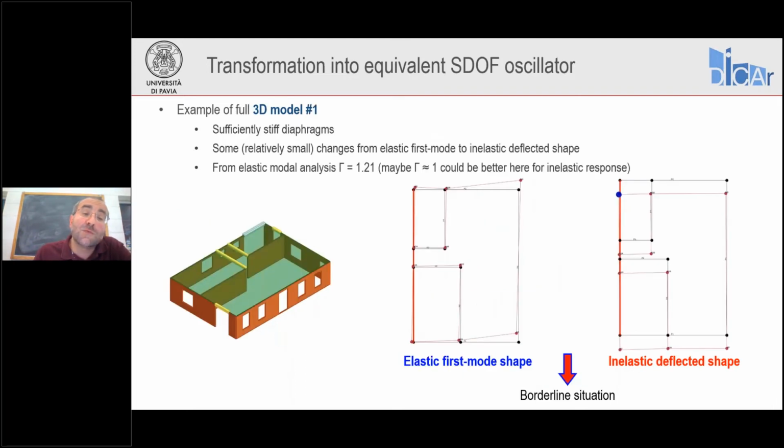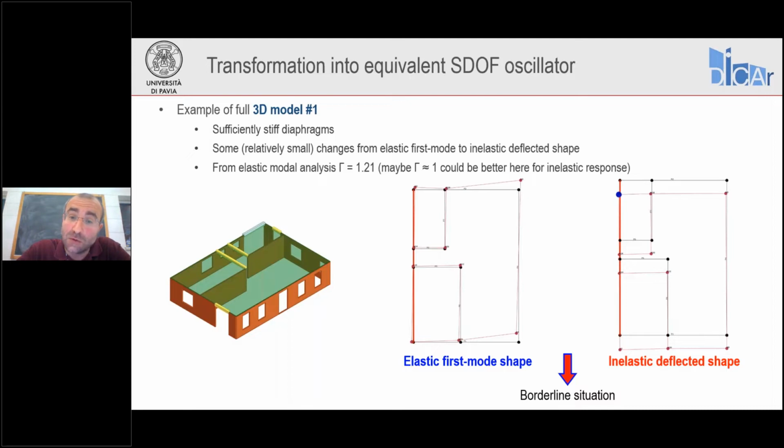As I said, when we move to 3D models, things may not be that straightforward. In this case, we have a stiff diaphragm, or at least a diaphragm with sufficient stiffness to couple the response of parallel walls. Now, in this case, we can see that we have some changes.